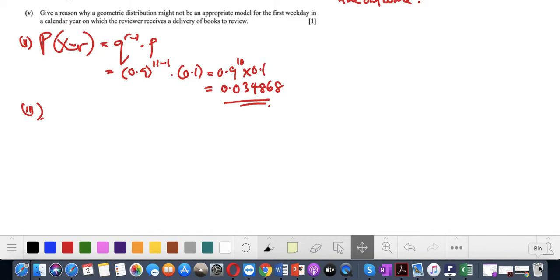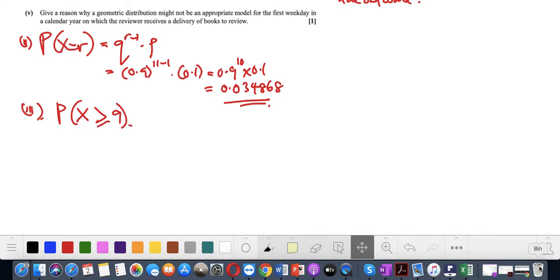Either you can find the probability for each individual day, x1, x2, x3 all the way to x8, and then add them, or you can find the probability of reviewing for the first time when X is greater than or equal to 9.